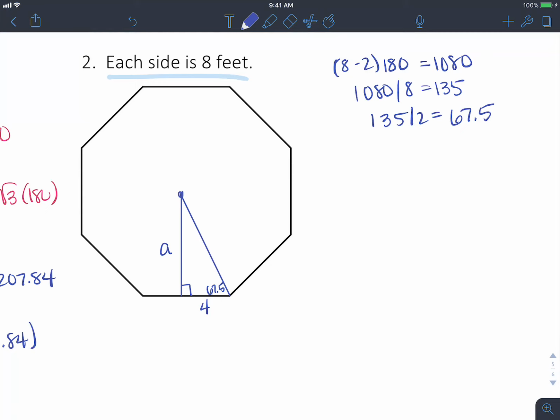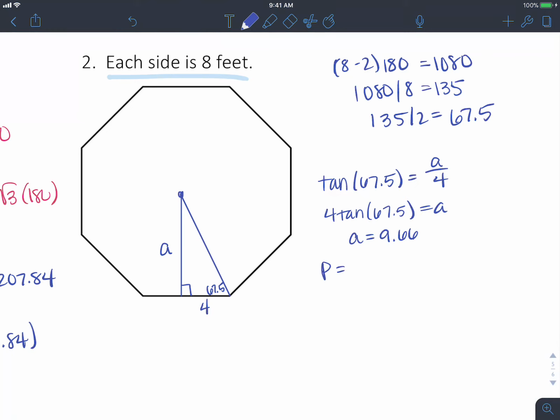So we're going to be using tangent of 67.5, and it equals opposite over adjacent, so a over 4. So 4 times tangent of 67.5 equals our apothem height, and our apothem comes out to be 9.66.